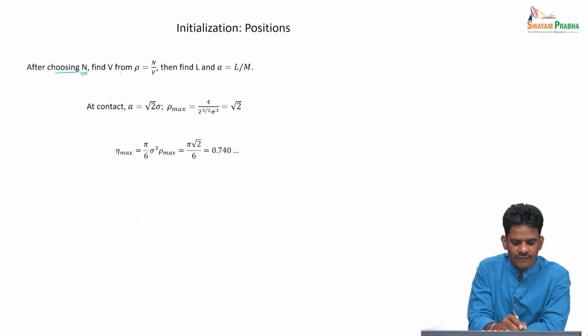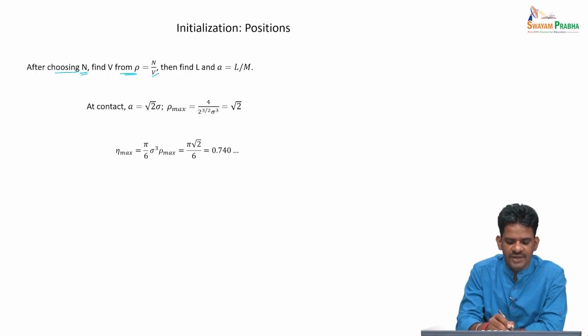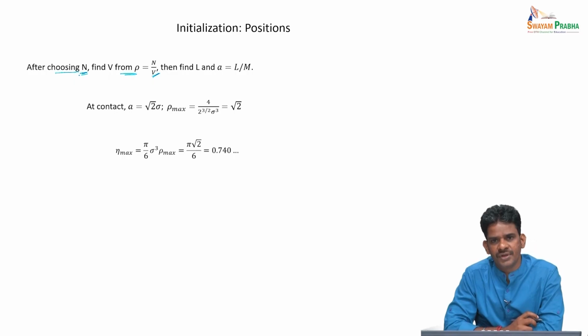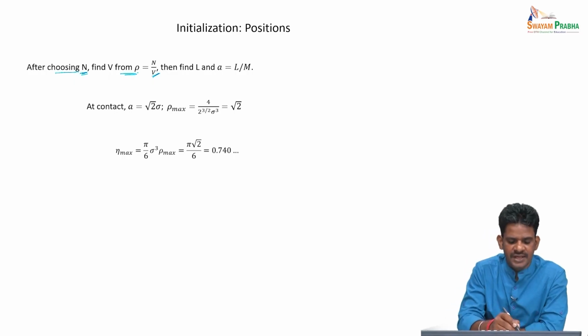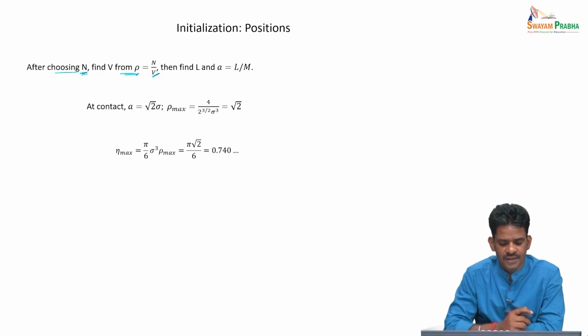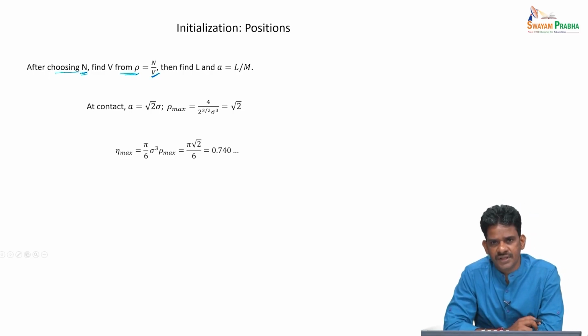Then we also have to specify the thermodynamic condition, namely the density at which I want to do the simulations, and the density is given by the number of particles per unit volume. Now I know the number N, which I have chosen based on the computing power requirement, and the density is fixed based on the thermodynamic condition that we want to study. From this, we can find the volume of the simulation box that we need.